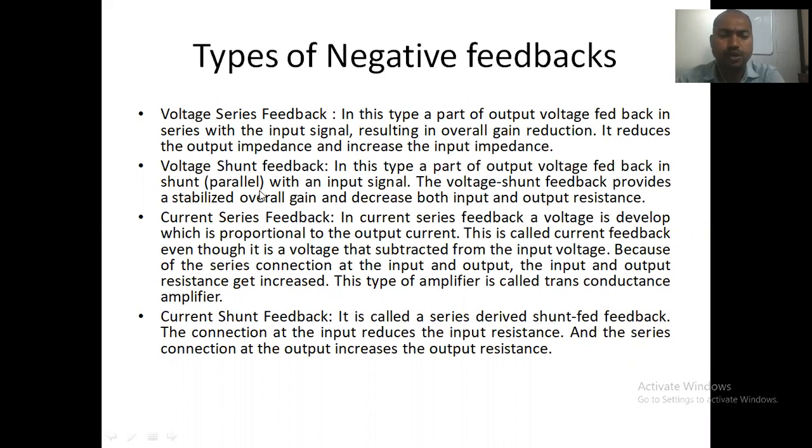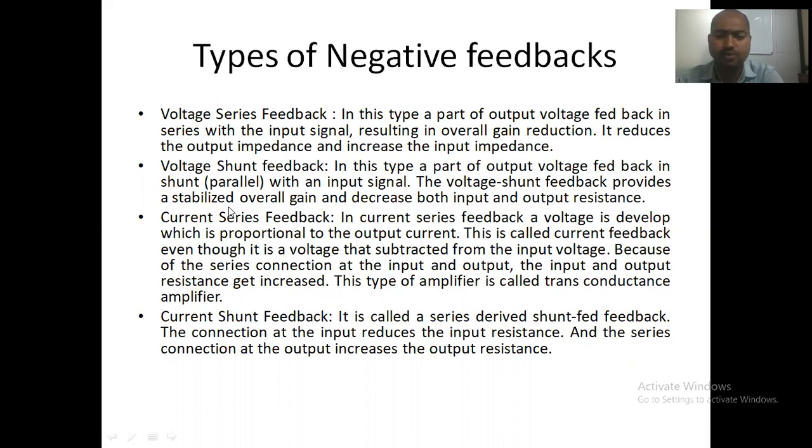Okay, so the voltage feedback provides a stabilized overall gain. Sometimes, due to some reason, the gain of your amplifier fluctuates, that is, it changes with respect to time. Why does that happen? Because we know that normally an amplifier uses semiconductor devices. One important thing about semiconductors is that as the temperature increases, their performance changes.